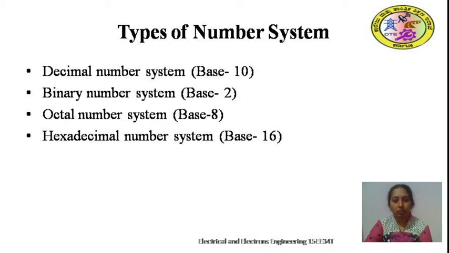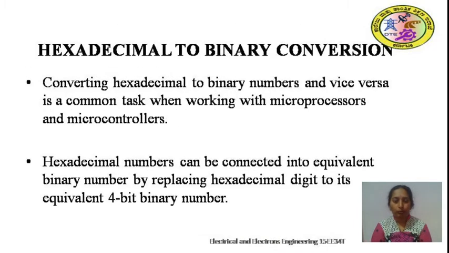The 16 symbols include numbers ranging from 0 to 9, that is 10 digits, and then after 9 we use 6 alphabets, A to F: A, B, C, D, E, F. In total, 16 unique symbols are used to represent hexadecimal numbers.